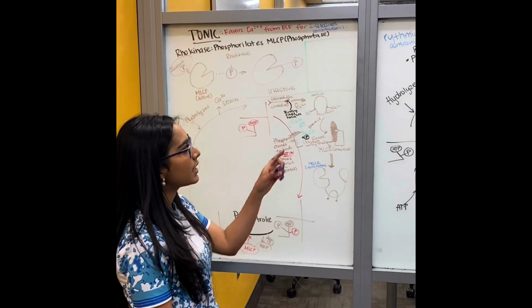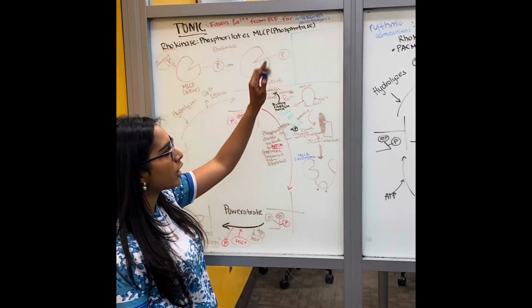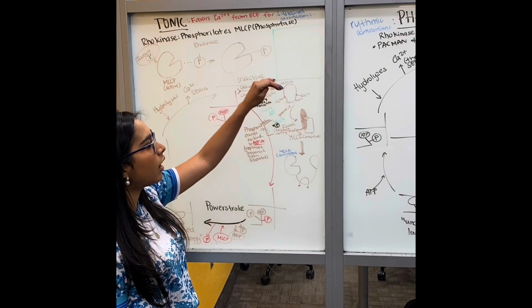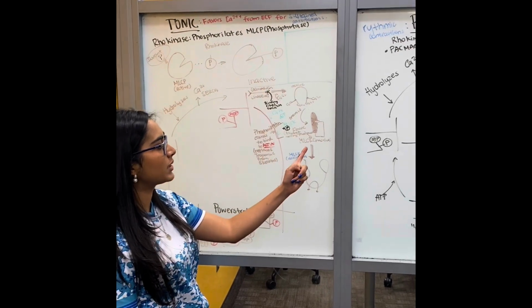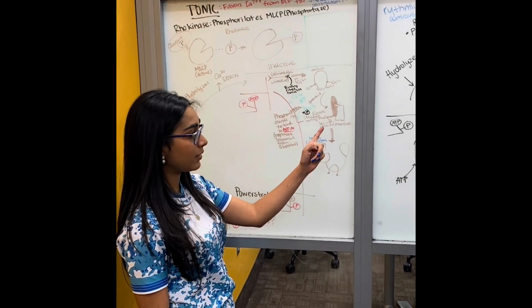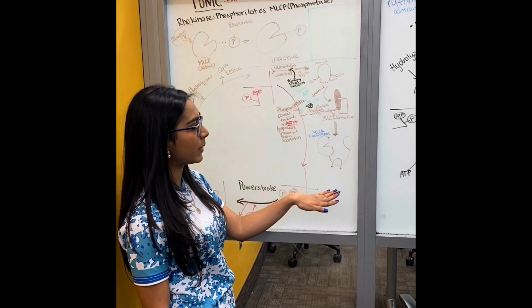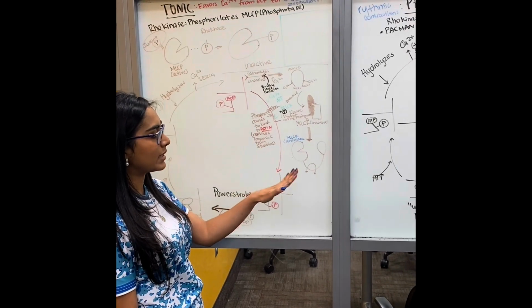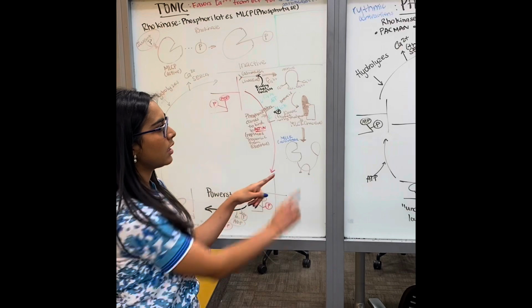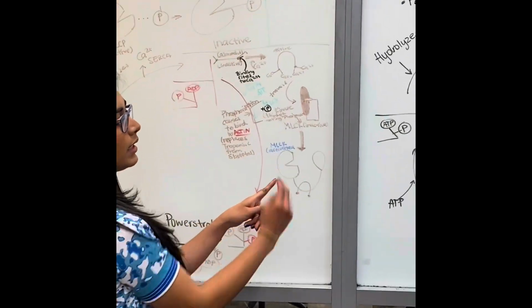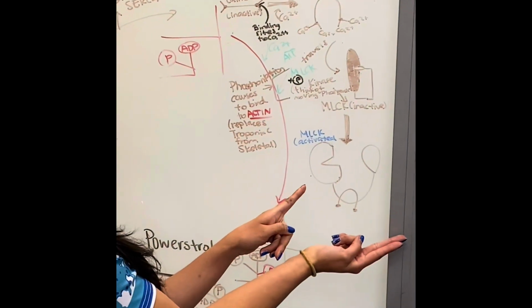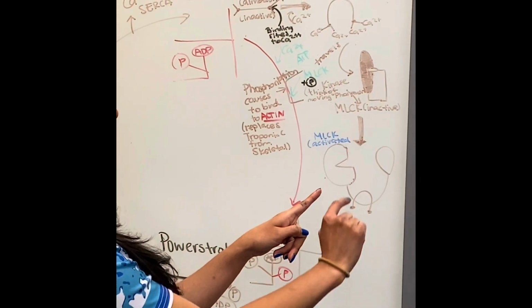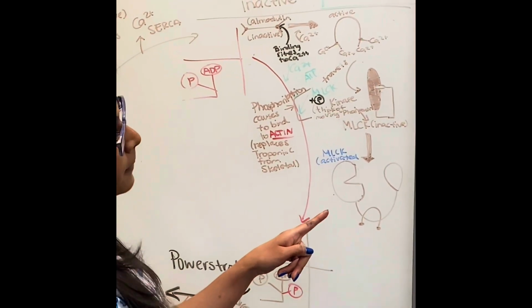Once your active calmodulin comes into your MLCK, it changes its conformation. So MLCK, when it's activated, looks like this: you take its tail out of its mouth, and you also have your calmodulin here.